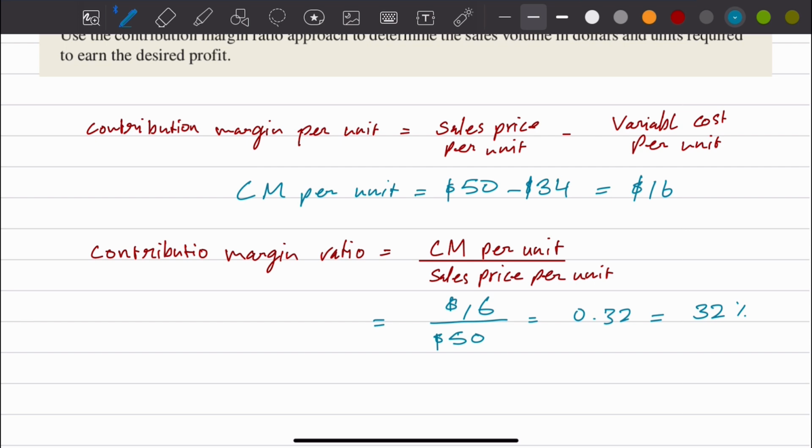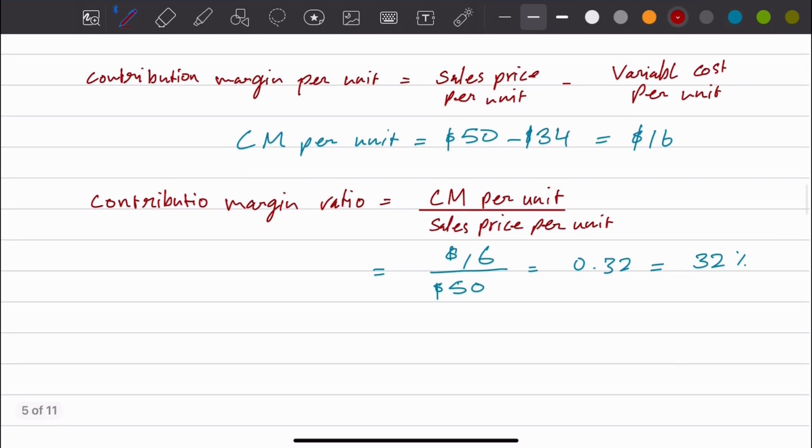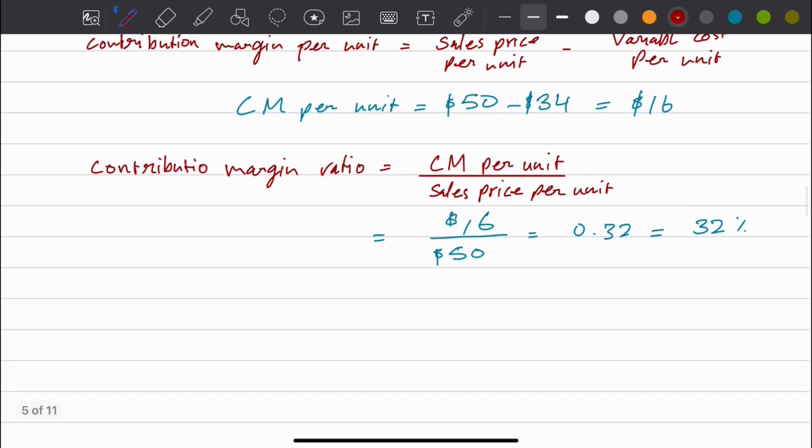Now that we know our contribution margin ratio, we can refer to the contribution margin ratio method formula, which states that the target sales in dollars.